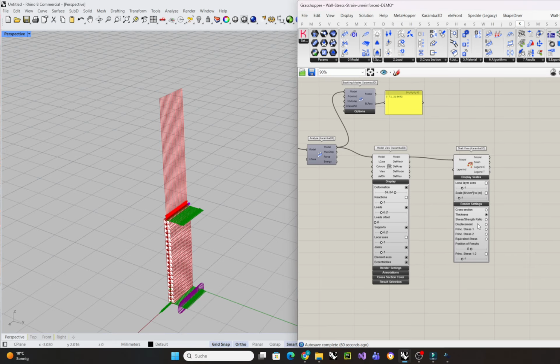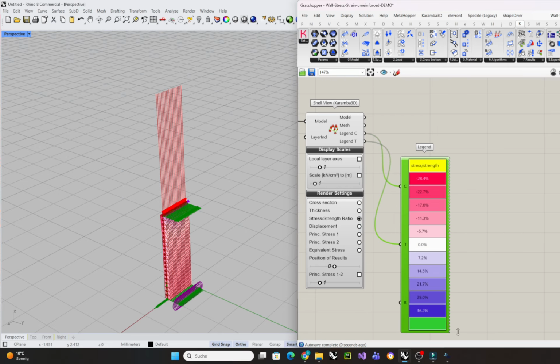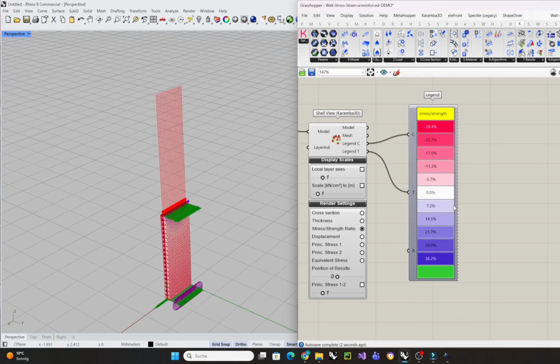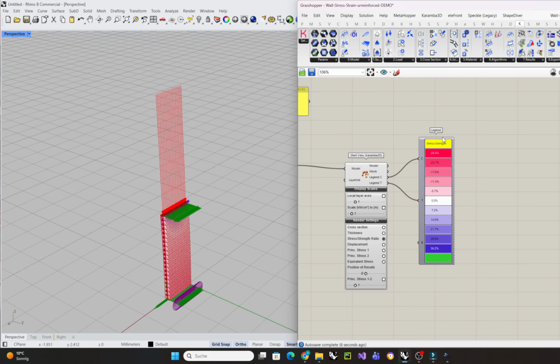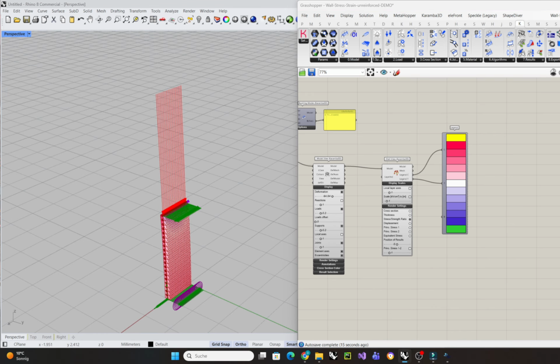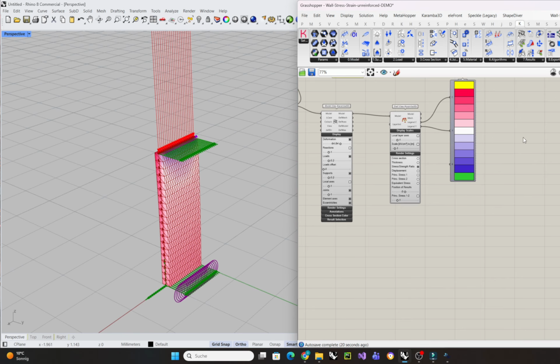Let's get further. I will be interested in the stress strength ratio. I can see that the wall is 36% utilized. What else can we show? We can show the normal force.